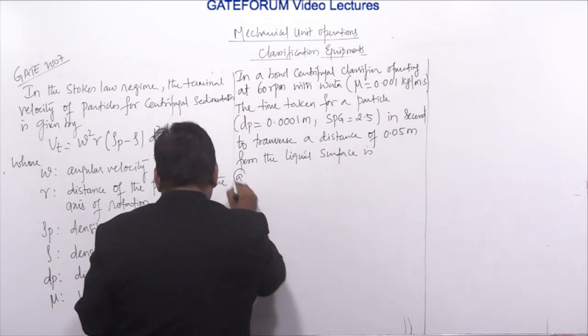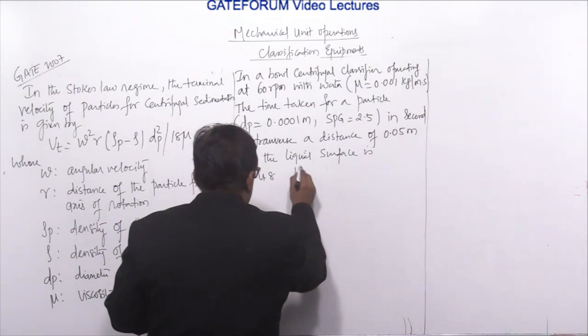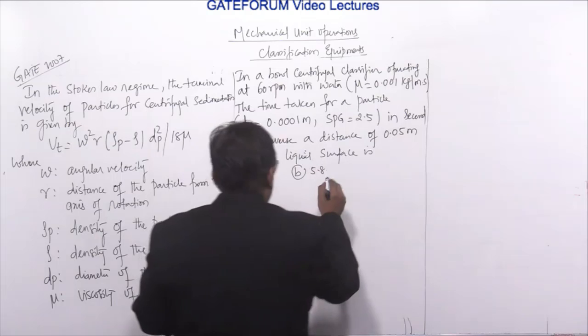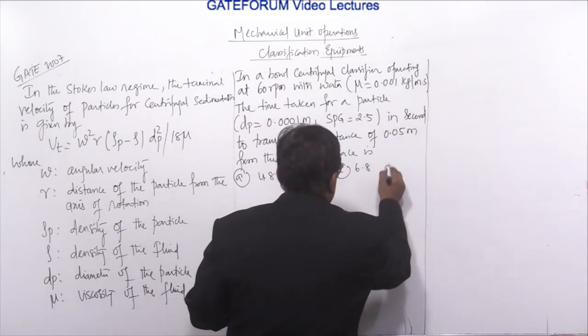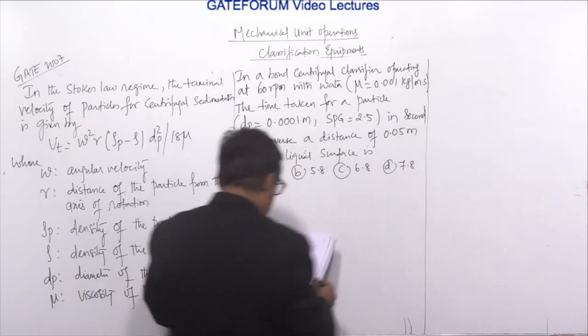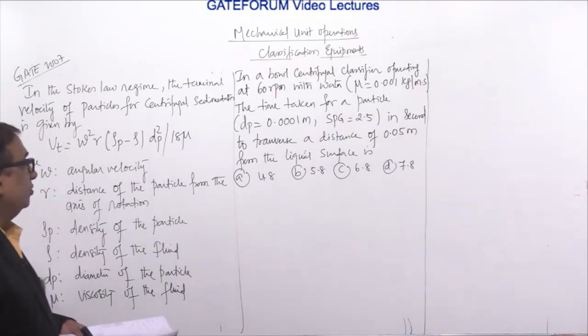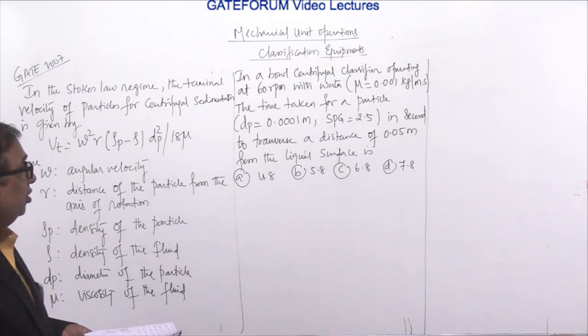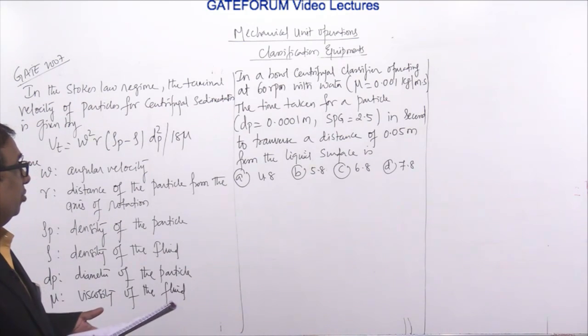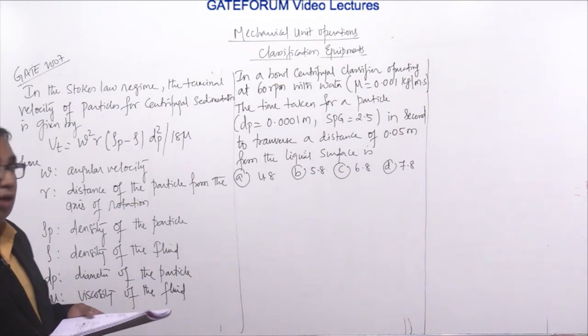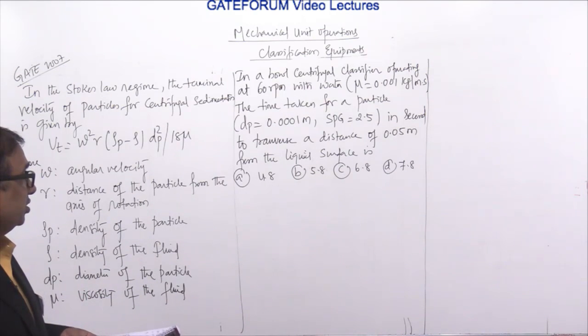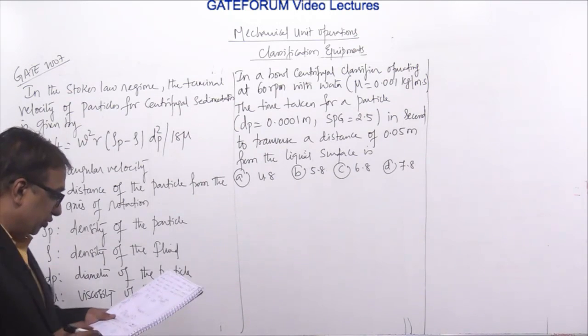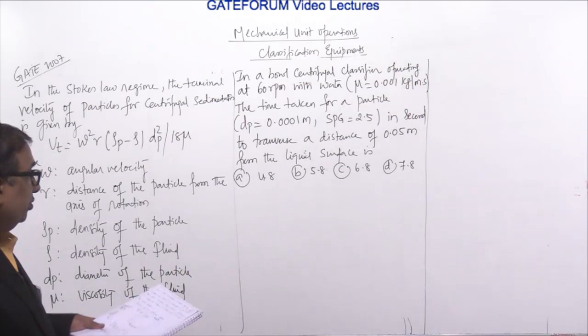Is it A 4.8, B 5.8, C 6.8, D 7.8? Okay, so he wants to know the time. In a bowl centrifugal classifier operating at 60 rpm with water, mu is equal to 0.001, the time taken for a particle dP is equal to 0.0001 meters, SPG is 2.5, to travel a distance of 0.05 meters from the liquid surface.